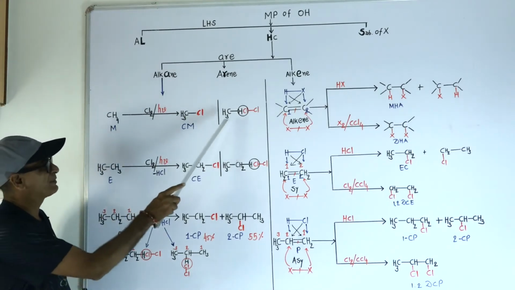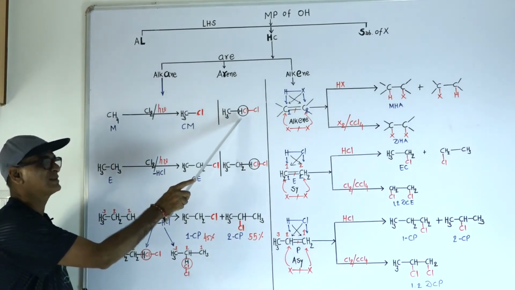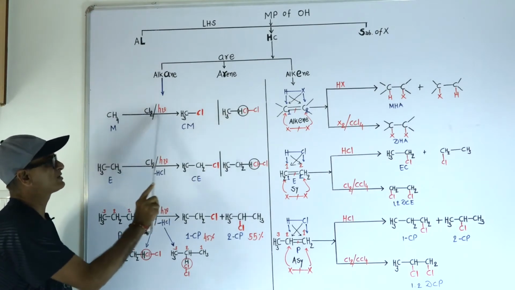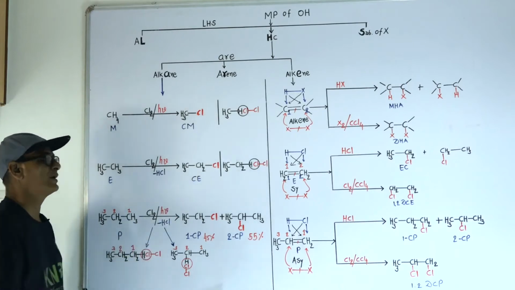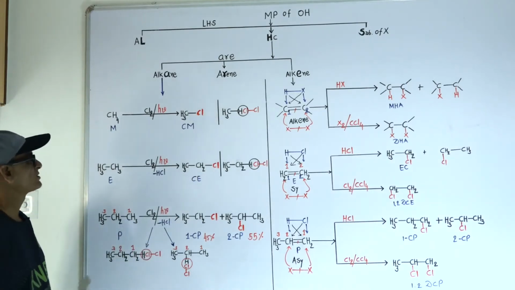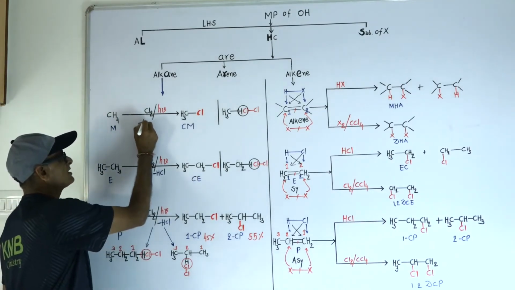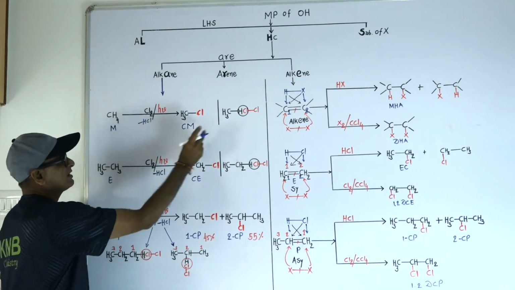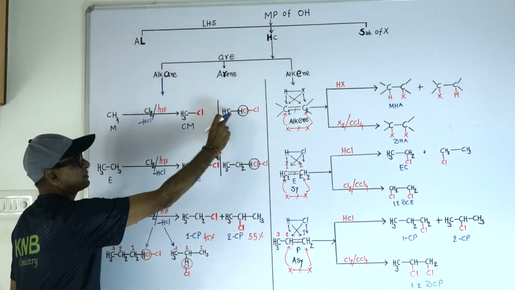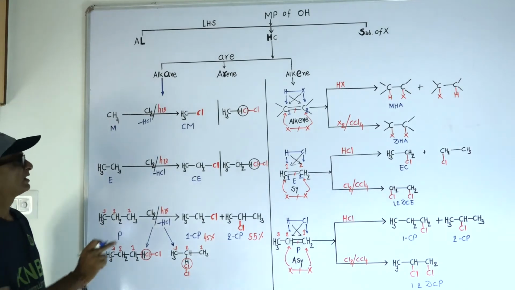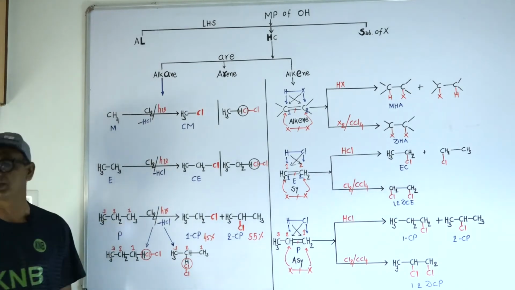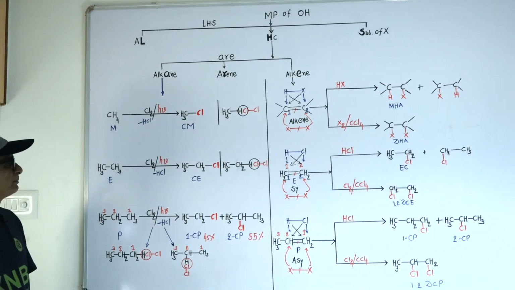CH4, write one hydrogen separately, will react with Cl2. HCl will be removed as a byproduct. During the reaction, HCl is removed and finally the carbon of CH3 directly attaches with chlorine. Methyl chloride, otherwise you can say chloromethane.